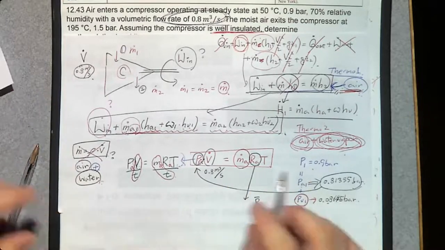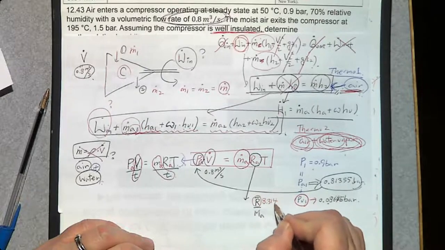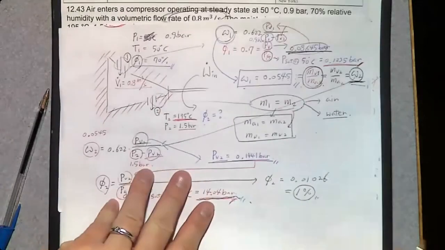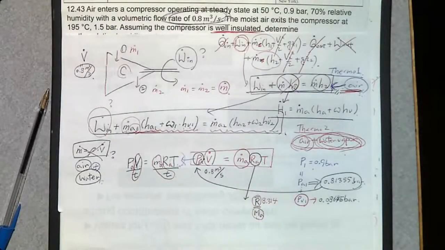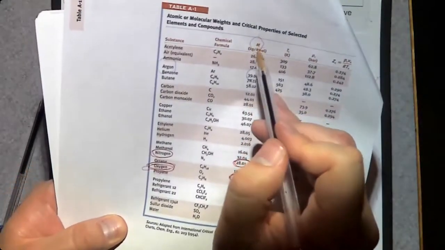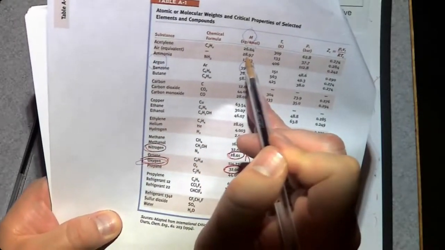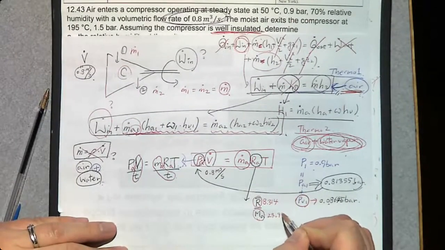The universal gas constant is always 8.314. The molecular weight of air is 28.97.